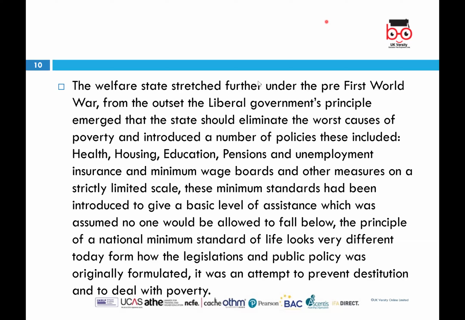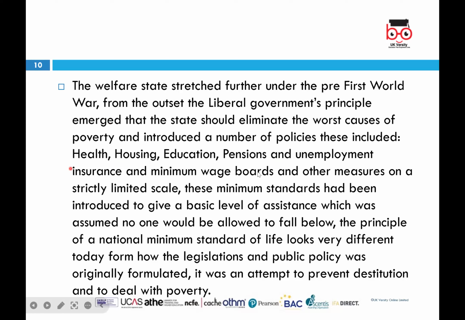The welfare state stretches back to before the First World War, when liberal government principles emerged: that the state would eliminate the worst causes of poverty, and would also introduce education, pensions, unemployment insurance, and minimum wage boards.